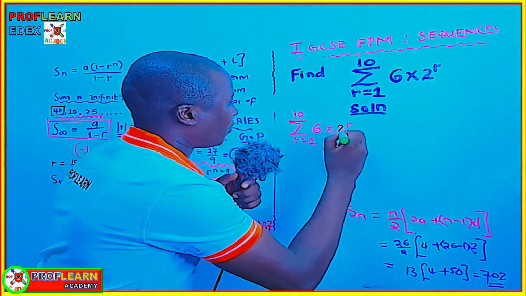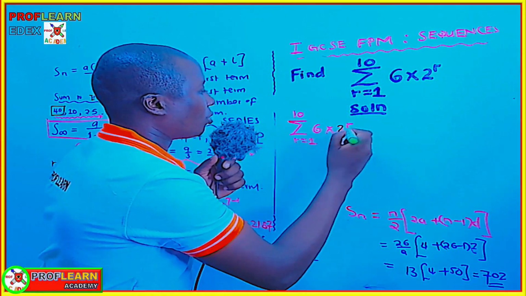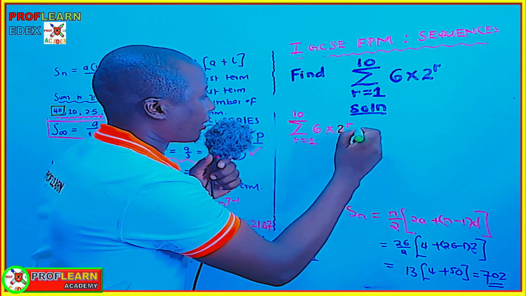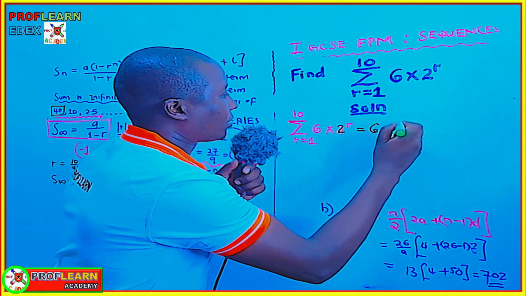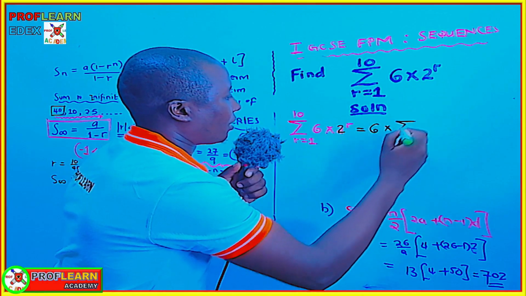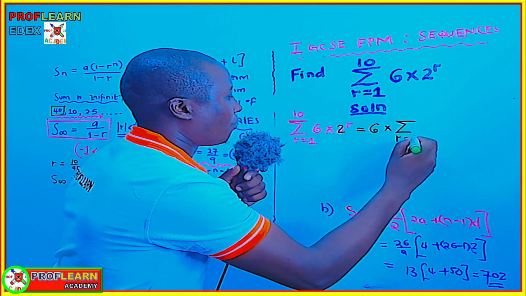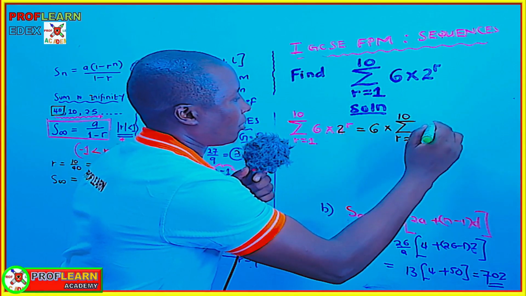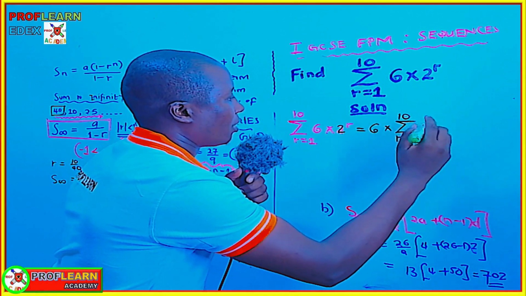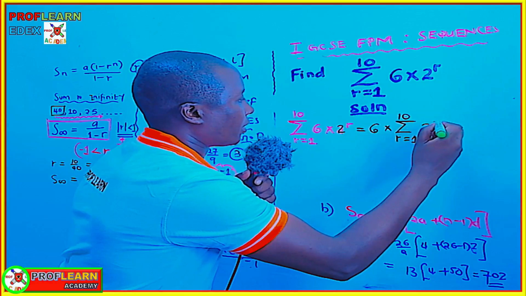So meaning that we have all the right to say this can be written as 6 times the summation of r from 1 all the way to 10 of 2 raised to power r.